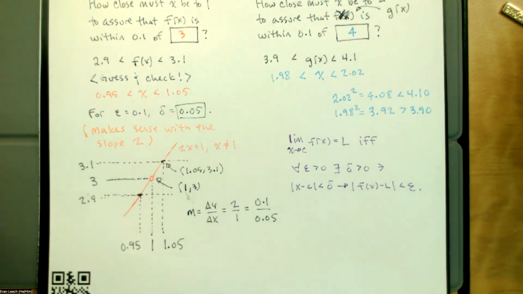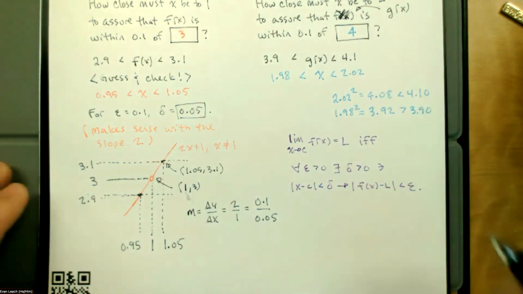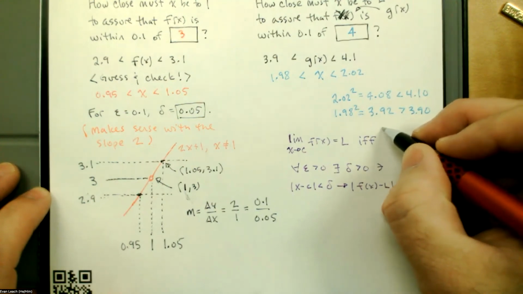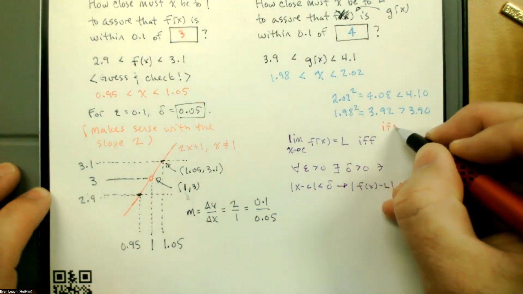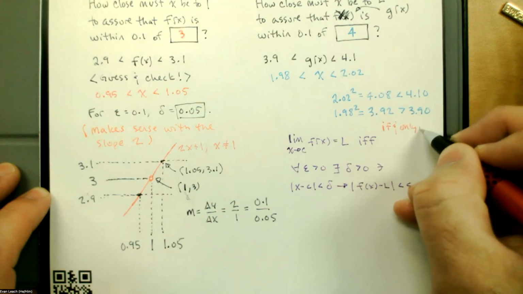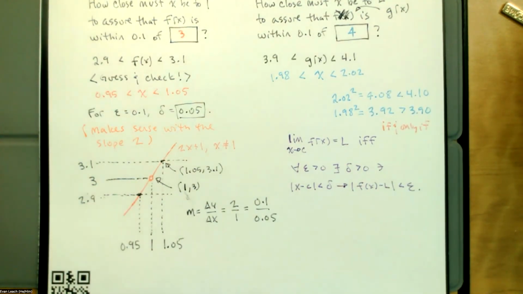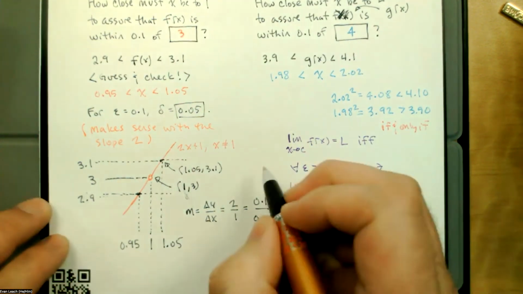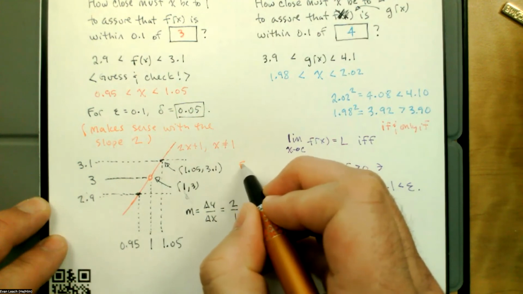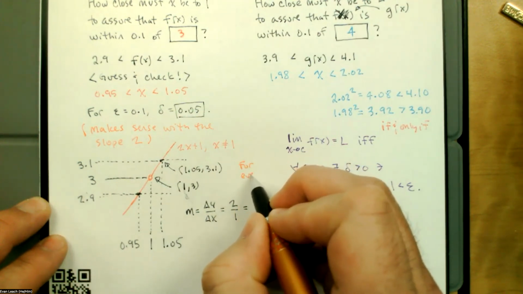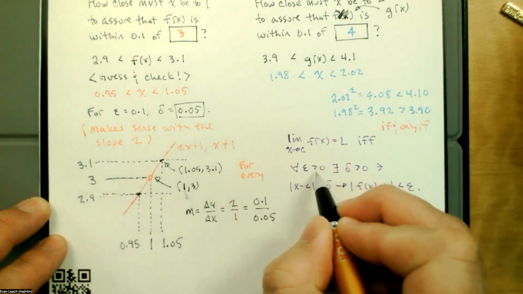So the symbols in play: the I with the 2 F's after it is a fairly common abbreviation for if and only if. The upside down A is for all or for every. Epsilon greater than 0.